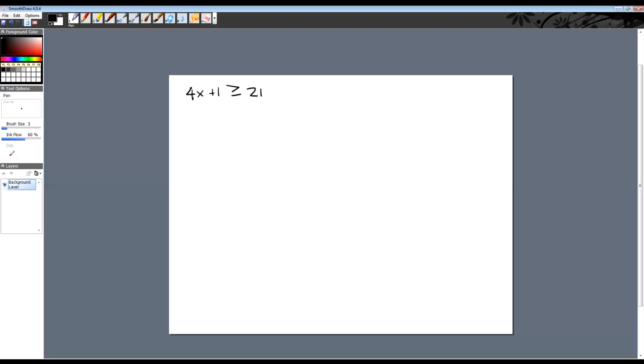So what we want to do is put like variables on one side. So we have 4x is greater than or equal to 21 minus 1, or 20. Divide both sides by 4. X is greater than or equal to 5.